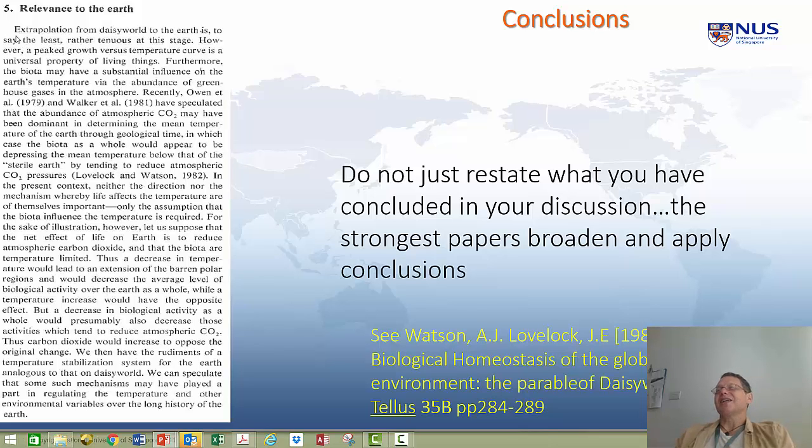the work bin. And maybe this is slightly unfair because it's actually about the planet anyway. But oh goodness, what an expansion! What a broadening! Extrapolation from Daisy World to the Earth is, to say the least, tenuous. However, and then it goes on, actually taking us right into what was then the modern climate change debate and the role of life on Earth.